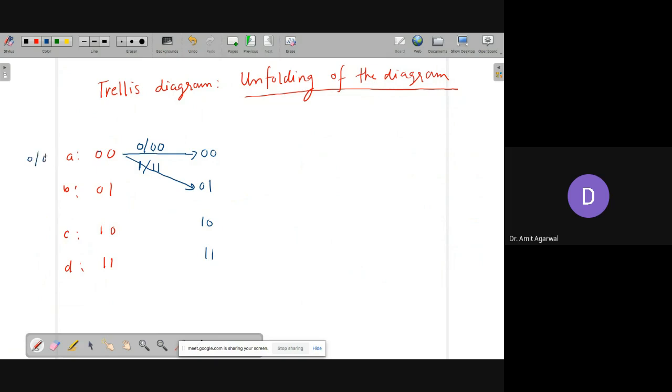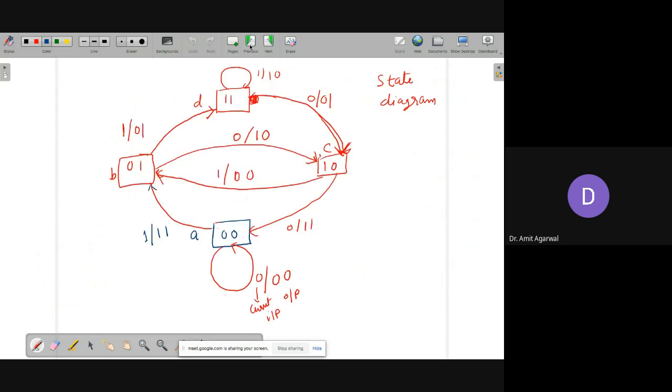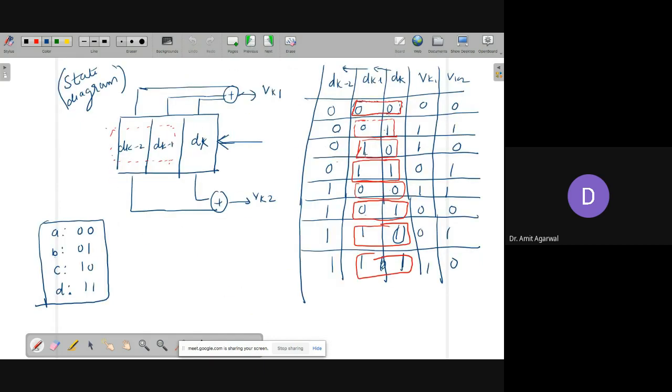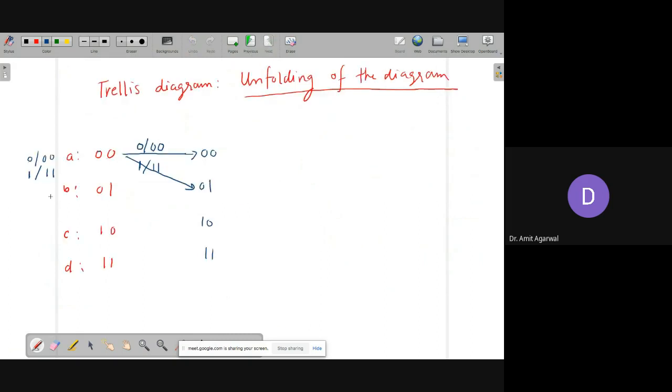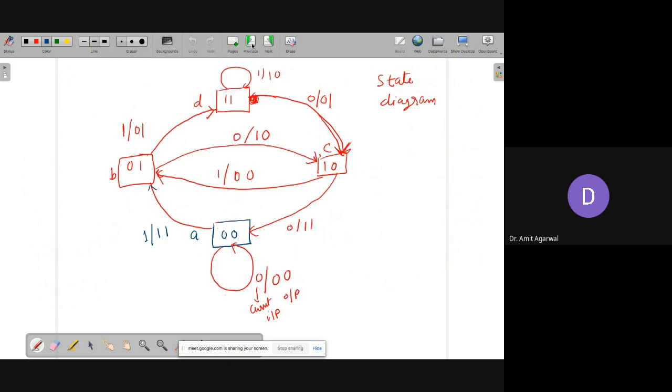So if you are in state A, 0 comes, you go to 00 with output 00. 1 comes, the output is 11. Similarly, if you are in state 01, 0 comes, you get 10, and 1 comes, you get 01.